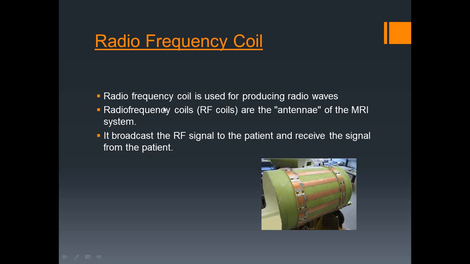These radio waves are produced by the radio frequency coil, and it is called the antenna of the MRI machine because it sends signals to the body of the patient, and it also receives the signal from the patient. That is why it's also called the receiver. Here is a picture of a radio frequency coil.